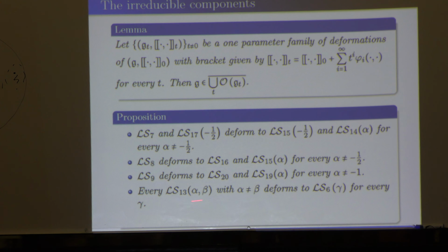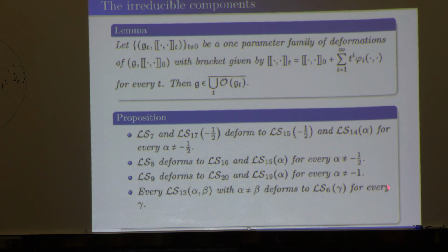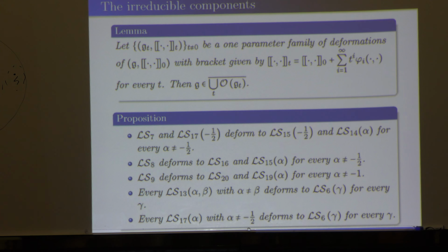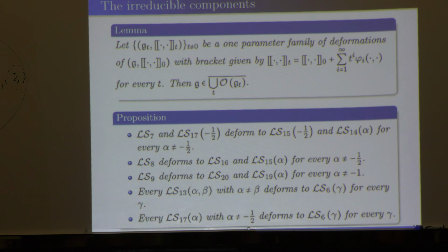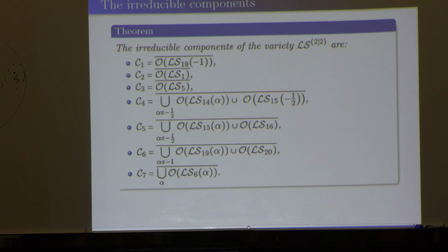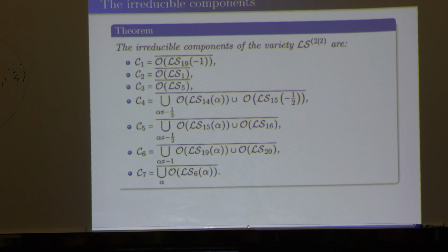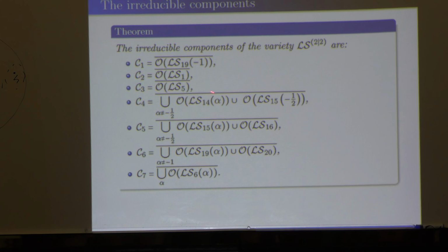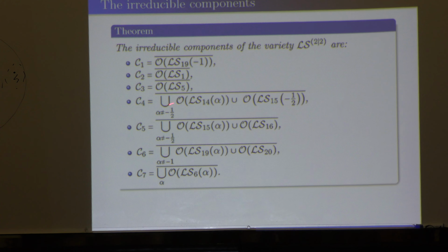And that all of these, which depend on 2 parameters, deform to 6 for all gamma. And 17 alpha also deforms to every one of these. With all this, and using this lemma, we can give all the irreducible components of the variety. We have the 3 given by the rigid ones, the one given by a single orbit, and the ones given by infinite families of Lie superalgebras.